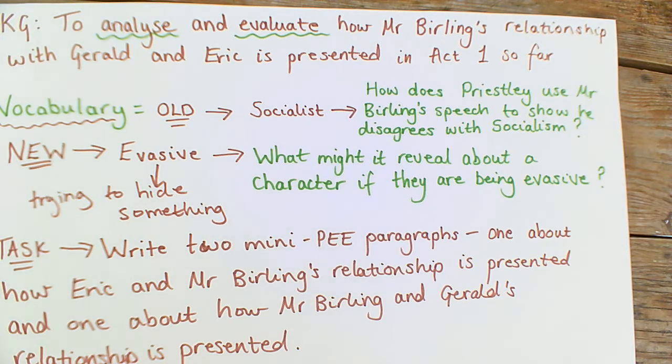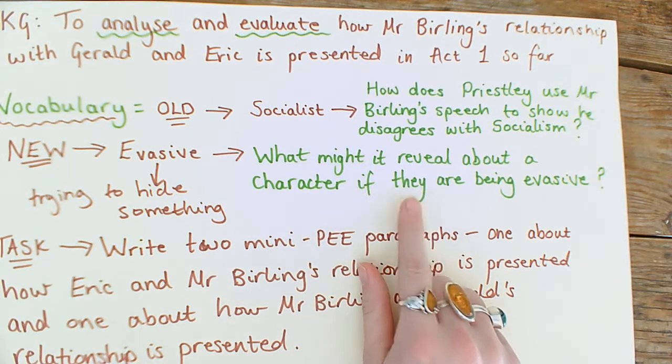You know, a capitalist like Mr. Birling would not agree with the workers rising up to try and get more money or trying to get a better working situation. So these all show that he is very against the socialist views of equality, the responsibility of the rich to look after the poor, because we know that Mr. Birling symbolises capitalism in this play, and he is deliberately dislikable to make us dislike capitalism.